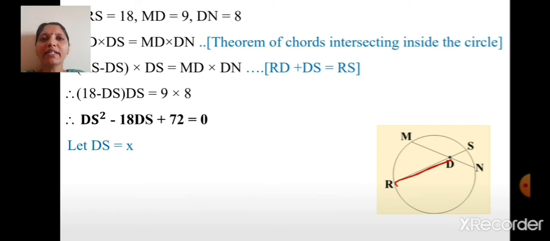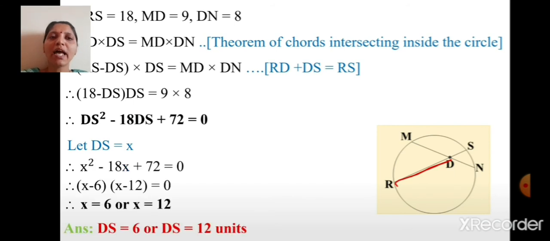Now let DS be equal to X. We have to assume DS as X. So your equation becomes X square minus 18X plus 72 is equal to 0. Now if you solve this equation, you will get X minus 6 in one bracket and X minus 12 in the other bracket, that is equal to 0.